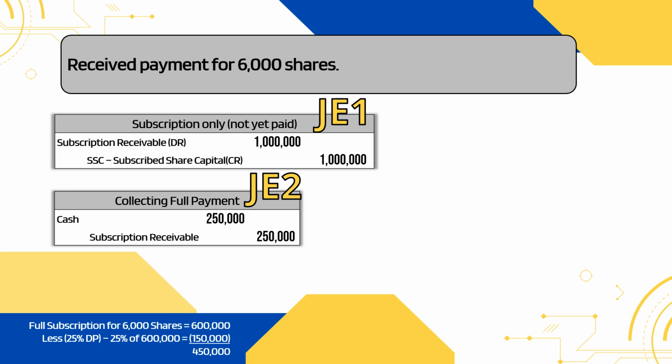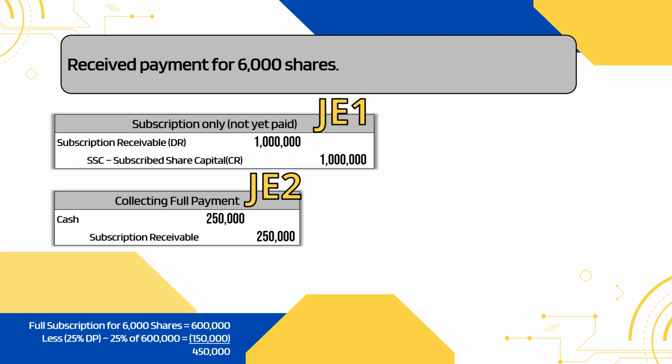But going to the second journal entry, you know that there's a 25% down payment already out of those 6,000 shares, right? Specifically, out of this 250,000, 150,000 of that was already down payment for the 6,000 shares. Make sense? Because this was a down payment for 10,000 shares, so how much is the down payment for the 6,000 out of this 250? It's 250 times 6 out of 10, you'll get 150,000, right?